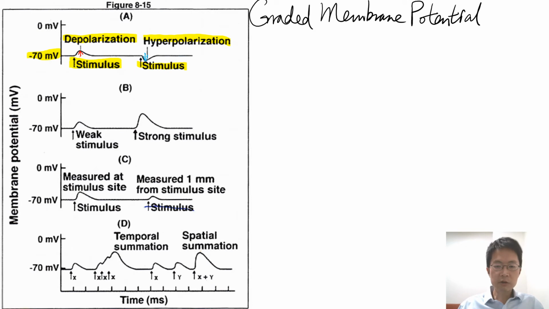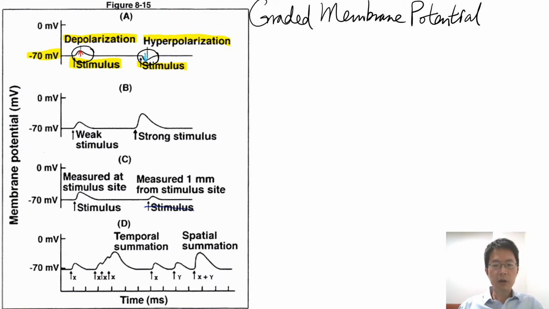And the mild deflection, the small deflection that you see here, we call graded membrane potential. So a graded membrane potential can be a depolarization or it can be a hyperpolarization.